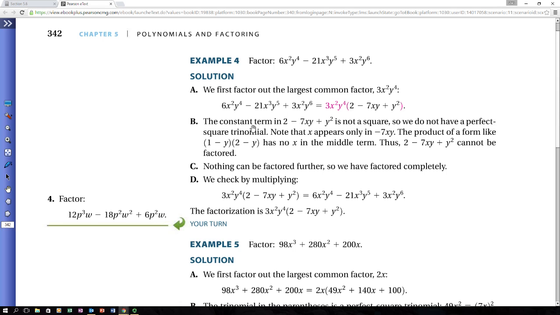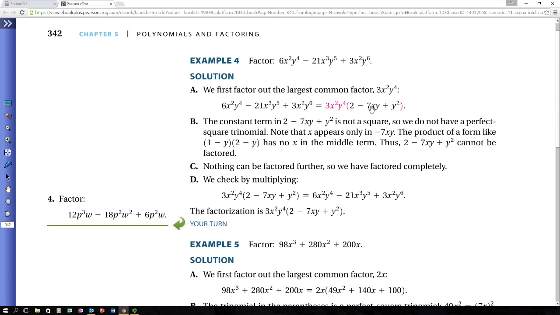So what is this? Well, it's not a binomial, so I don't have to look for difference of squares or sums of cubes or differences of cubes. It's a trinomial. There are 3 terms. And they point out a very good point here. I could go, well, I need factors of 2 and then factors of y squared, and you could start doing anti-FOIL.